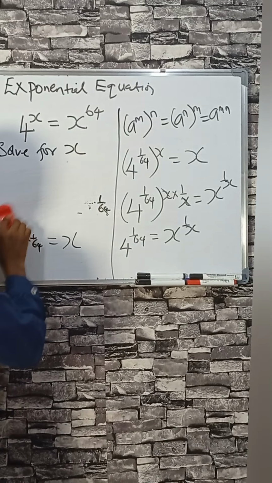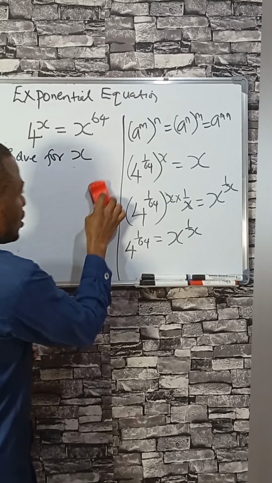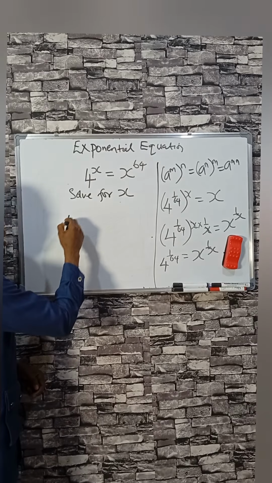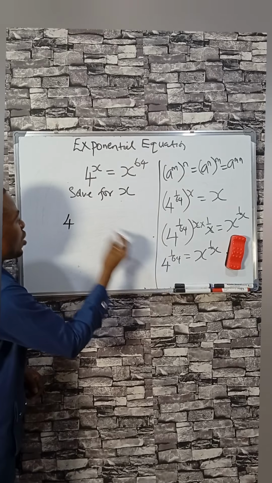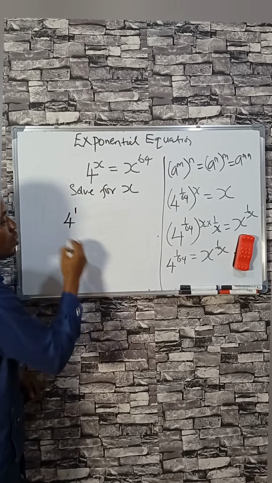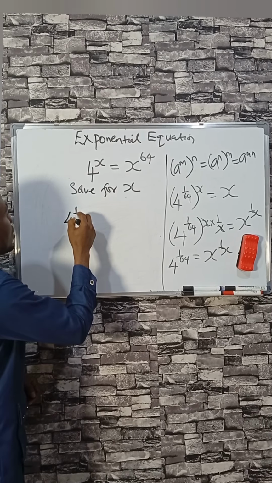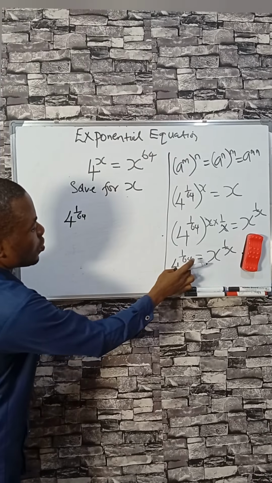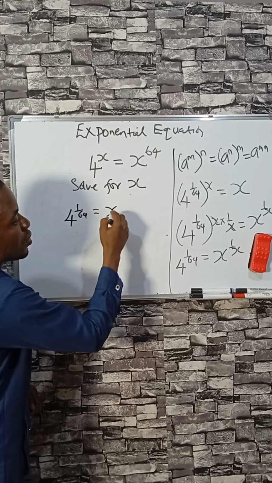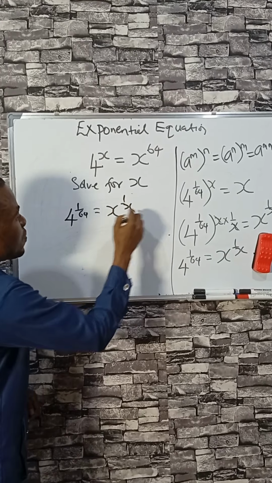I will have to clean here. From here, I have 4 raised to the power of 1 over 64 equals x to the power 1 over x.